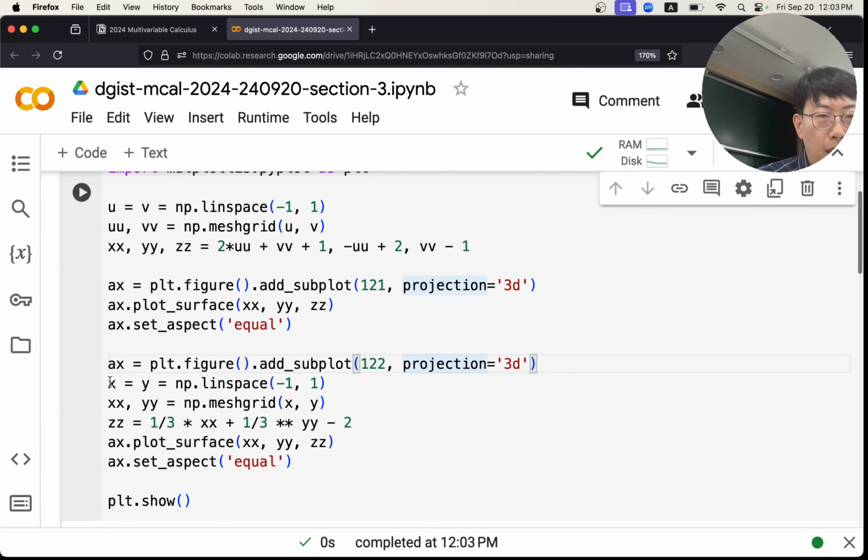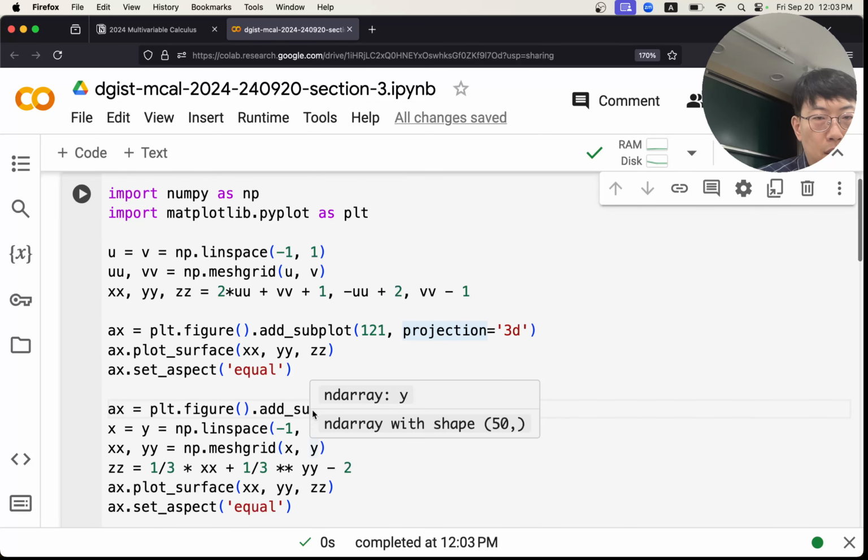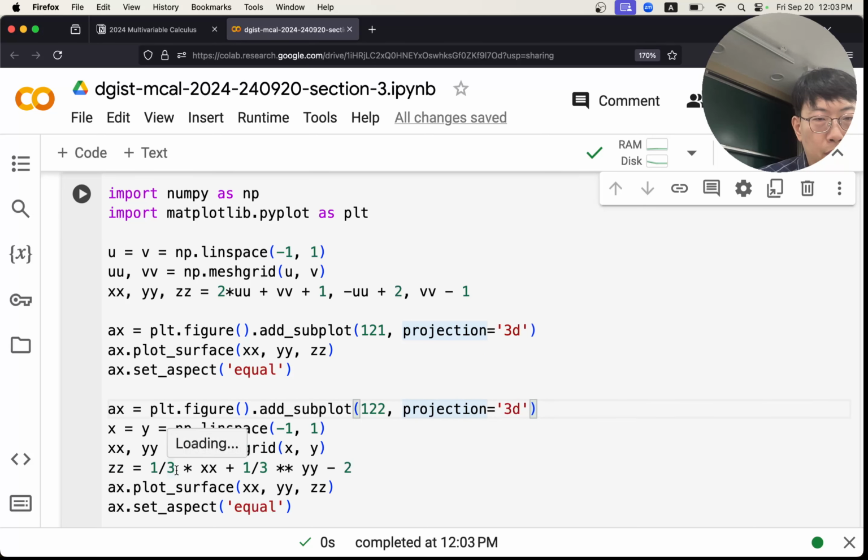So here we have xy from -1 to 1, xx, yy to be the mesh grid of x and y. That's right. And then z is 1/3 xx plus 1/3 yy minus 2. And plot xx, yy, z.